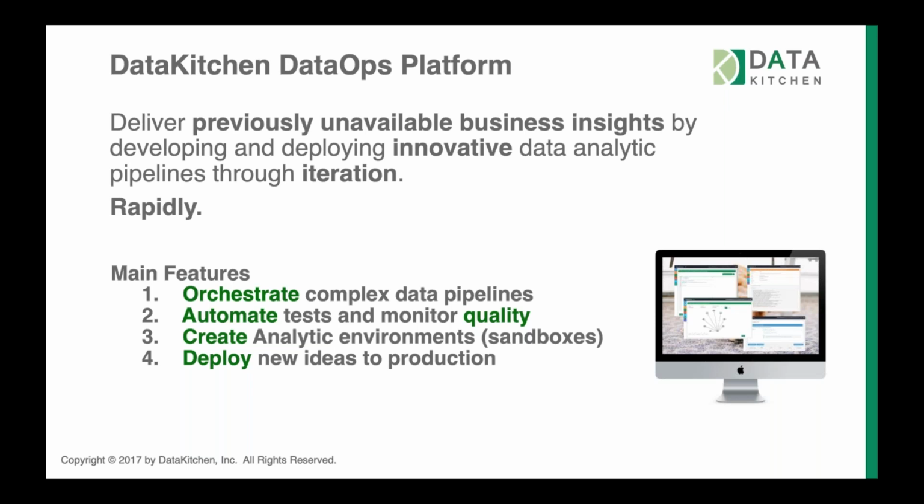Once that pipeline is running, somebody inevitably has a new idea and wants to make a change. We support that iterative process, and we help them through number three, creating analytic environments in which to work, also known as sandboxes. And finally, once everything is working in that environment and all tests pass, we help deploy those new ideas into production.